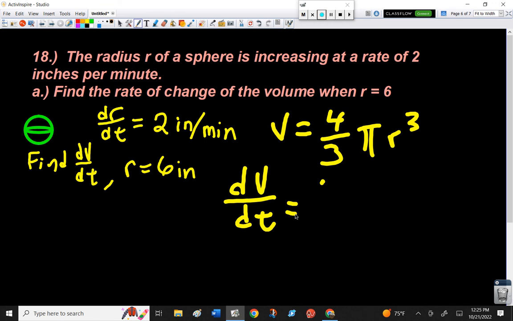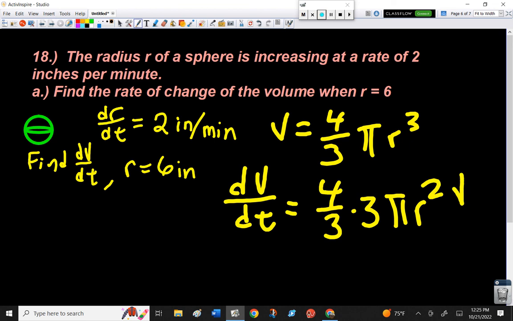Remember that this is going to be 4/3 times 3 pi r squared dr/dt. Because we're using the power rule here. Pi is a constant, and we took the derivative of r with respect to time.